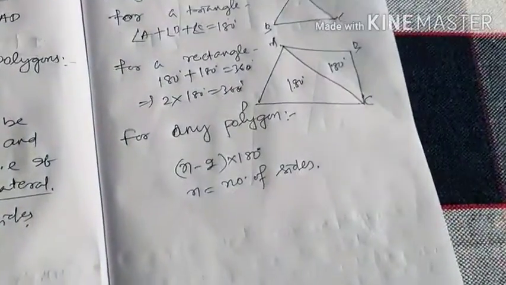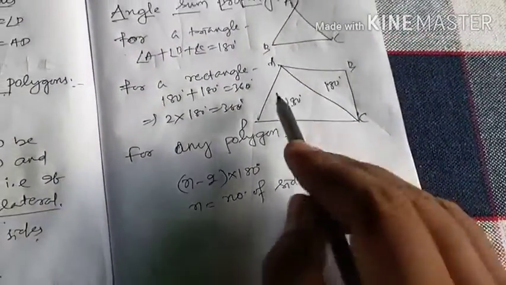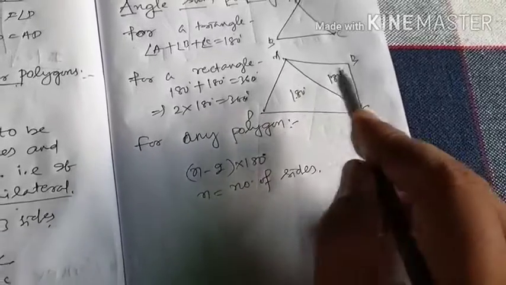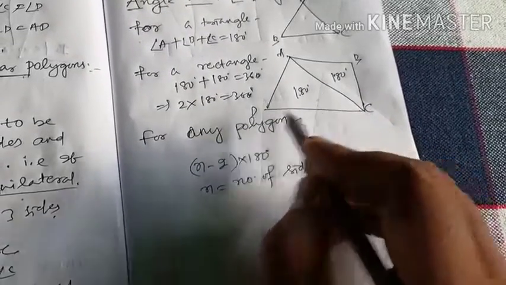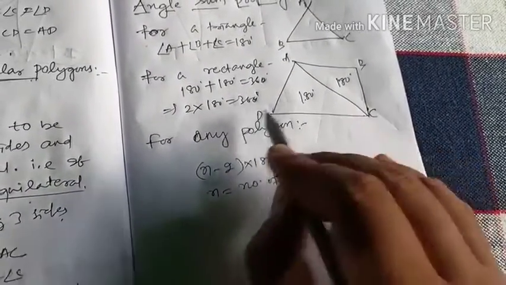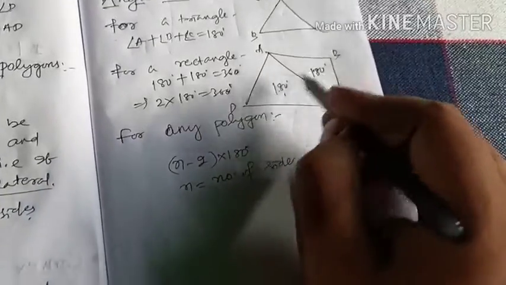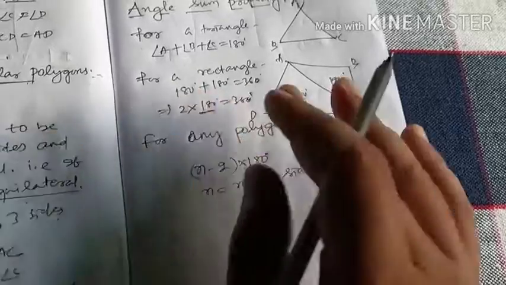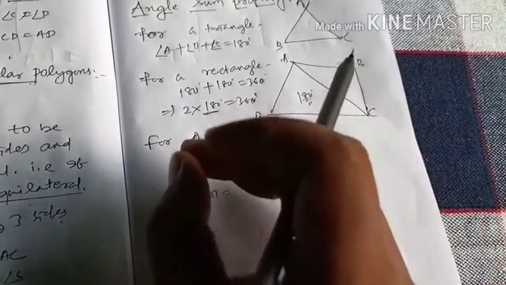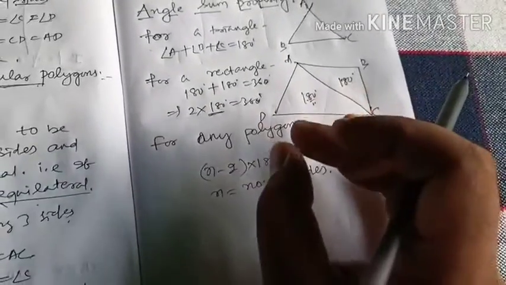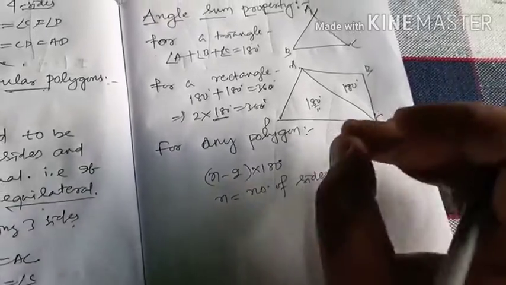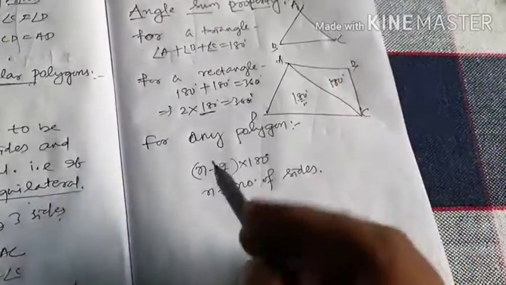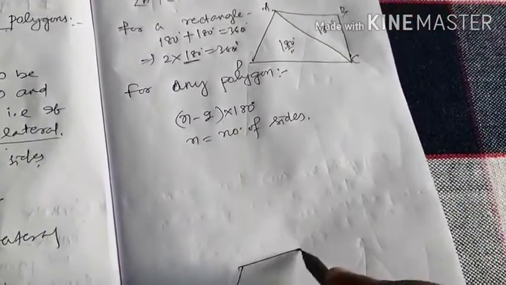So students, here is a method. At first convert the polygon into triangles and count the number of triangles. Here it is two triangles, so I will multiply 2 by 180. Just count the number of triangles and multiply by 180. You will get the sum of angles of a polygon. For example, here it is a pentagon.